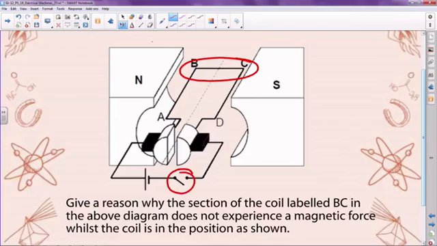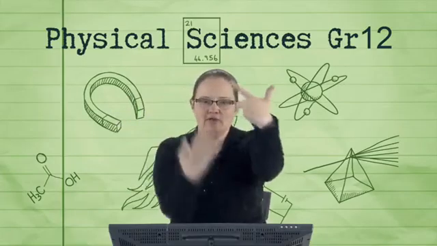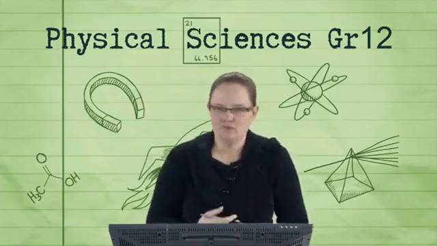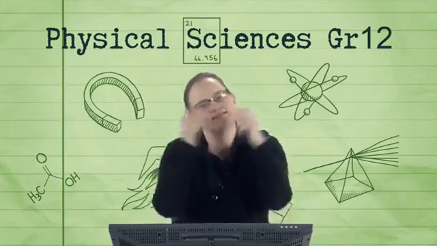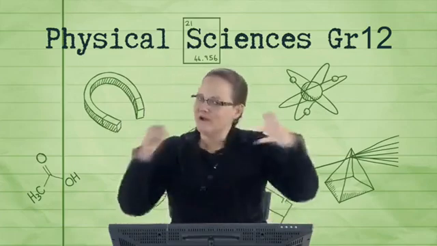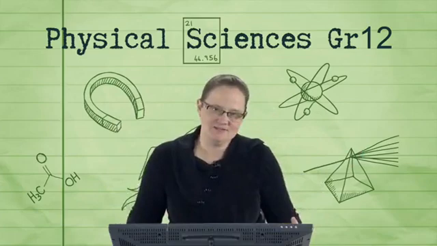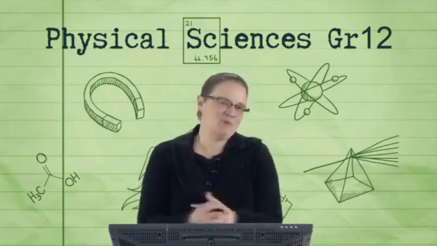But if the switch was closed, it still wouldn't be experiencing a force because BC is parallel to the magnetic field, and it can't be parallel. It must be at right angles. Remember, with your rules, everything is at right angles to each other. BC is not at right angles to the magnetic field. It's parallel to the magnetic field. If it's parallel to the magnetic field, it will not experience a force. Okay, so that's where we're going for that.